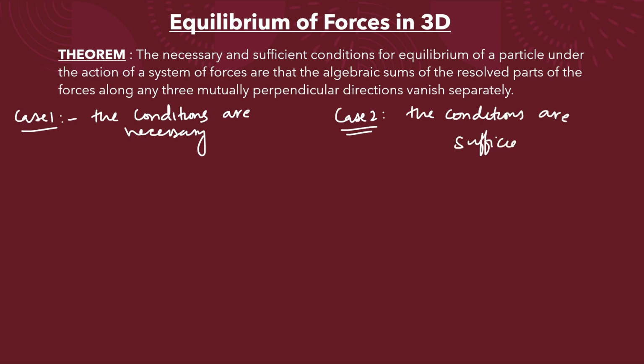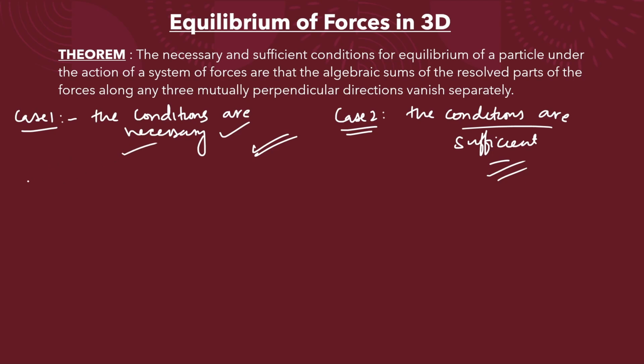So in the first case we will show the conditions are necessary, and in the second case we will show the conditions are sufficient. Okay, so the necessary and sufficient conditions for equilibrium of a particle under the action of a system of forces are that the algebraic sum of resolved parts of the forces along any three mutually perpendicular directions vanish separately. So we have to show that.